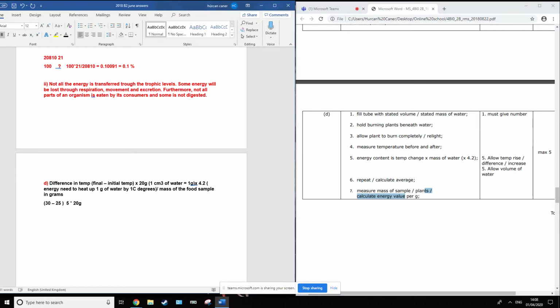Then you have 4.2, which is divided by, let's say, how many grams it should be? Say 20 grams. This is your mass. So let's calculate this. 5 multiplied by 20 multiplied by 4.2. Then you divide it by 20. You get 21 joules, for example.